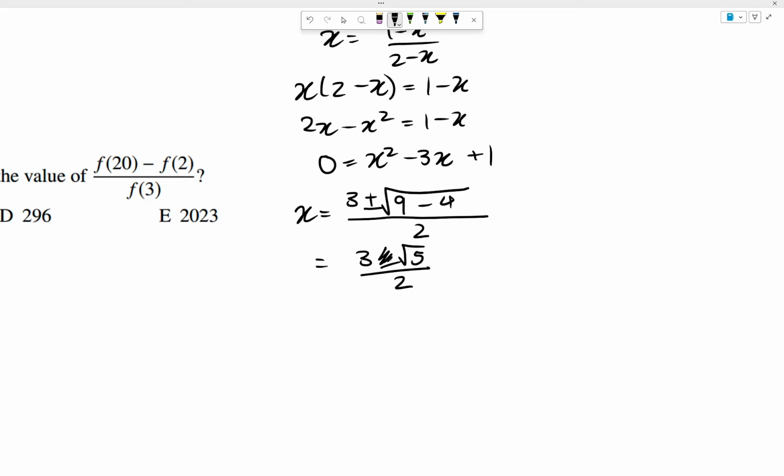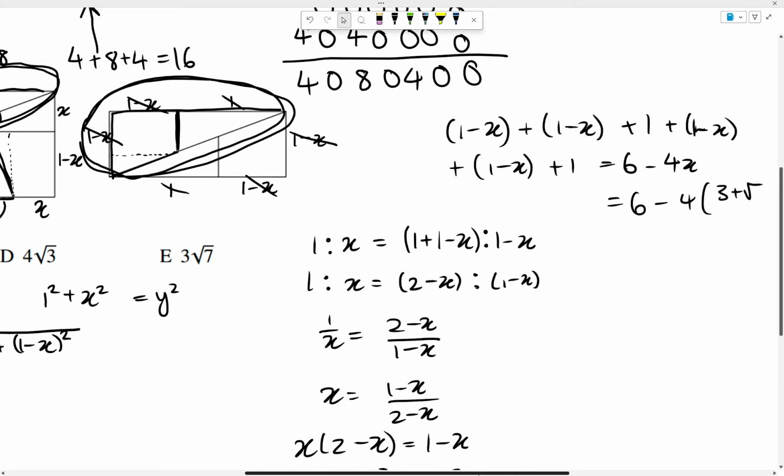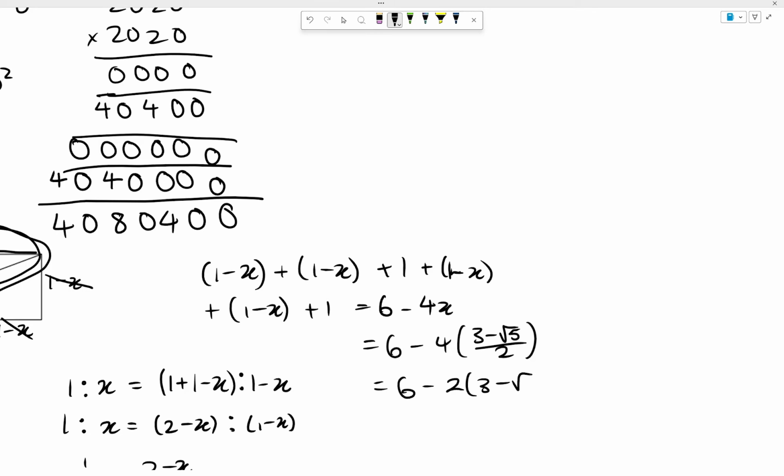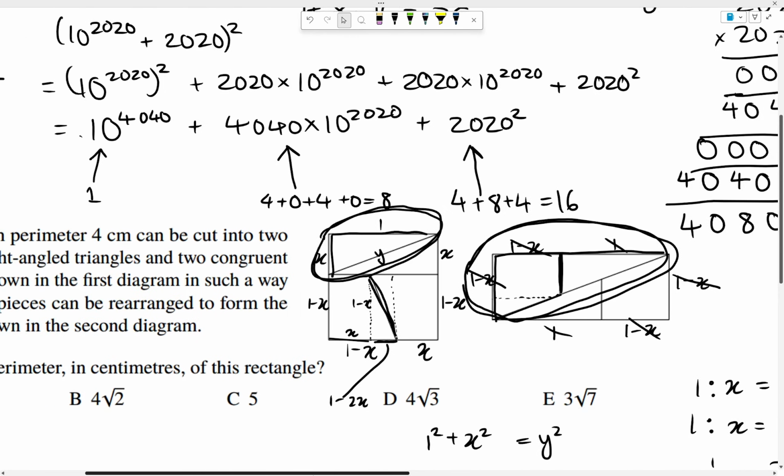So this should be a minus. 6 minus 4 lots of 3 minus root 5 over 2, which is 6 minus 2 lots of 3 minus root 5. And that is 2 root 5. So I think that should be the answer.